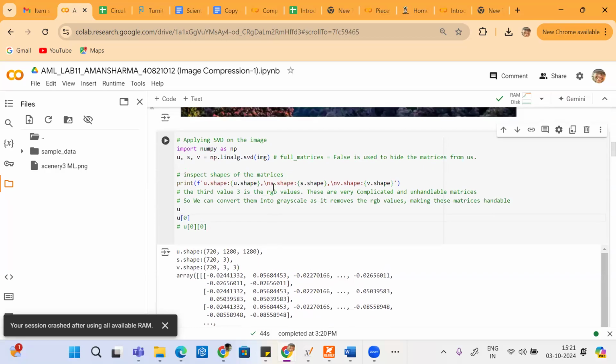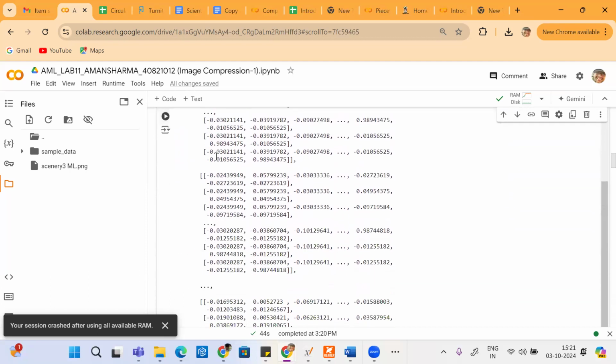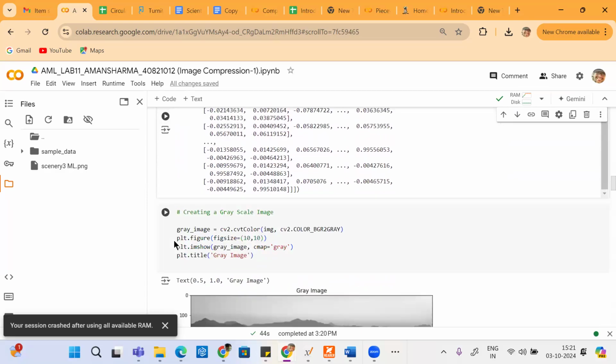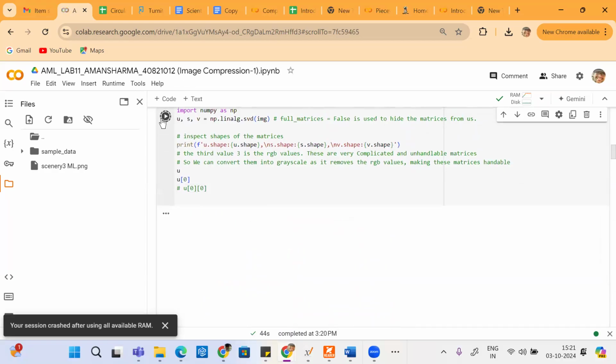Actually, I don't know. In my system the code is running something different, but here it's showing 1280. Initially, it's showing 3. I'm fetching the first row.